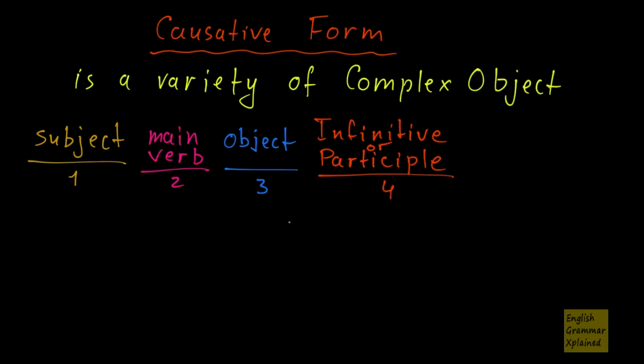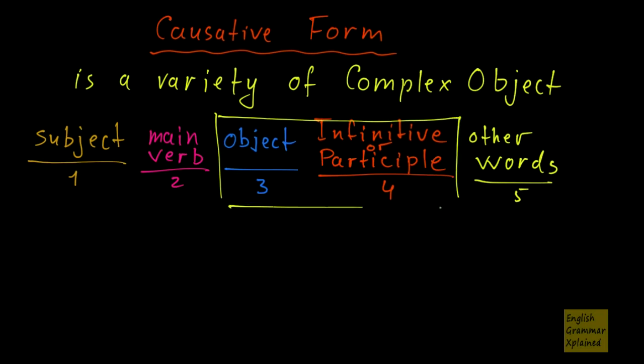And this is it. This is my complex object. Then I can have some other words, but it's not so important. So my complex object is just here.